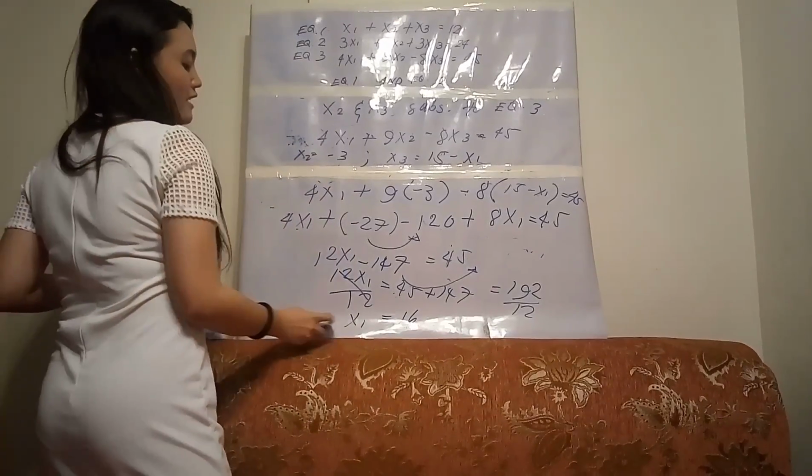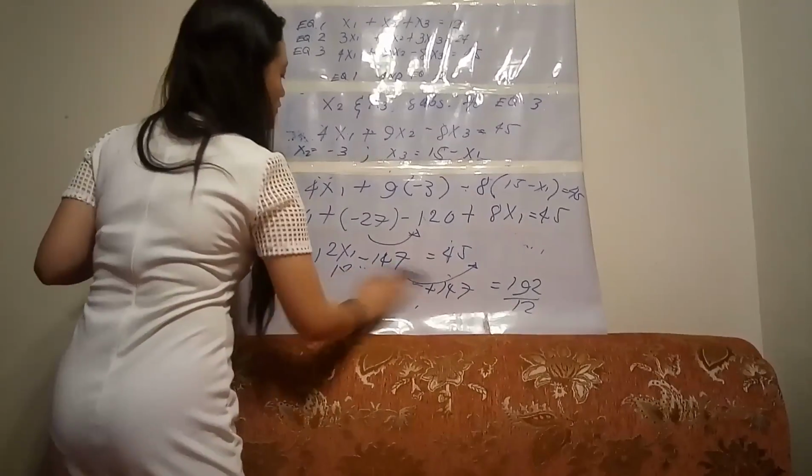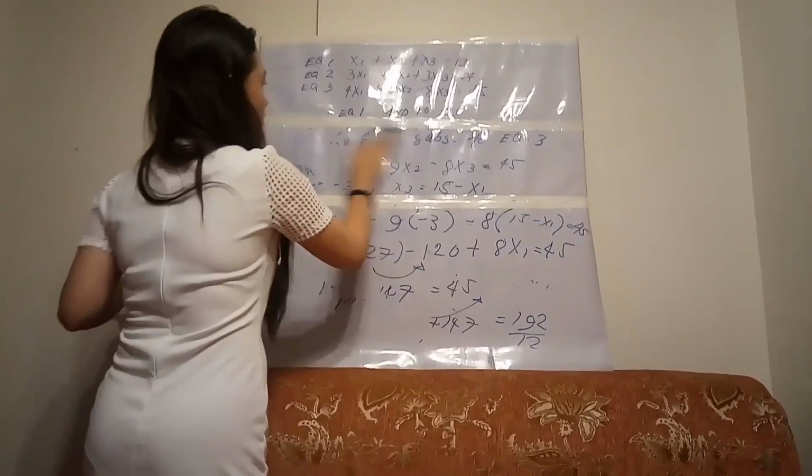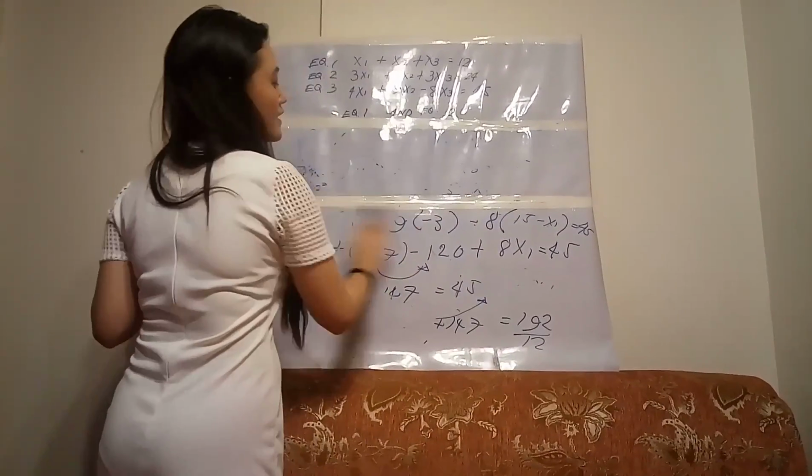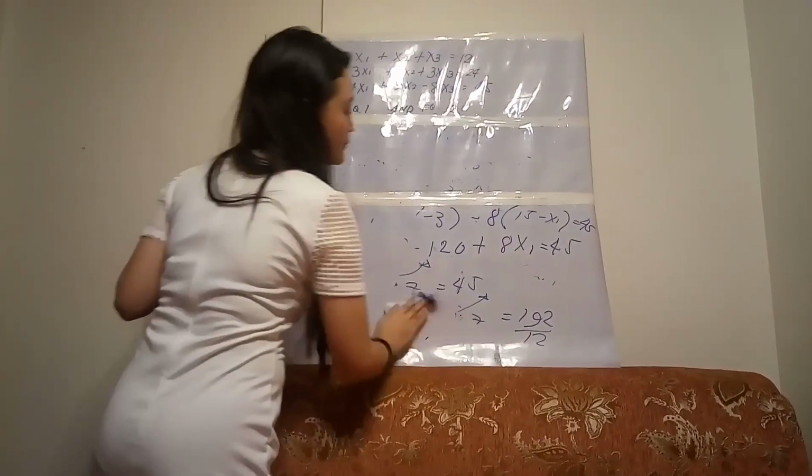We now have a value for x1 and x2, so we can now get the value of x3 by substituting those values into the other equations.